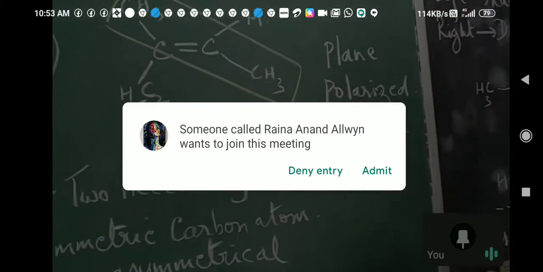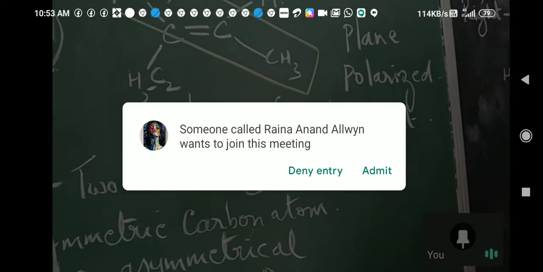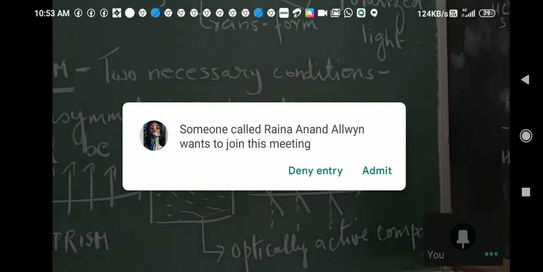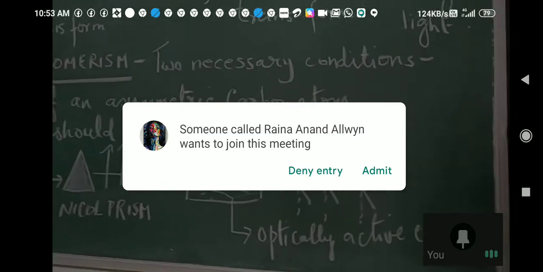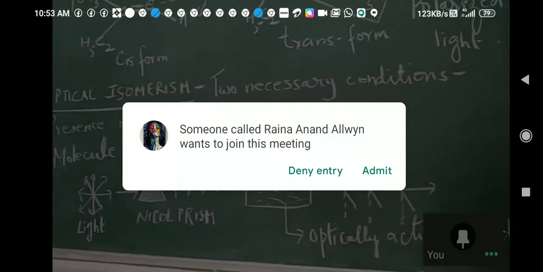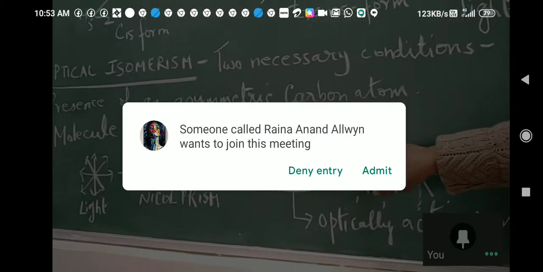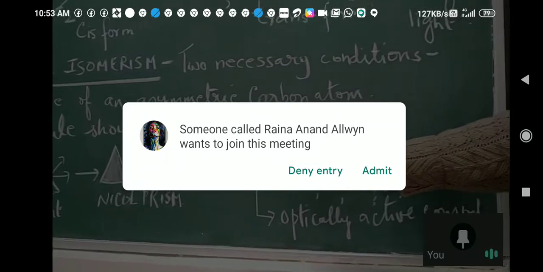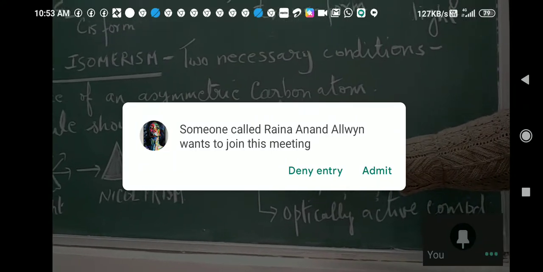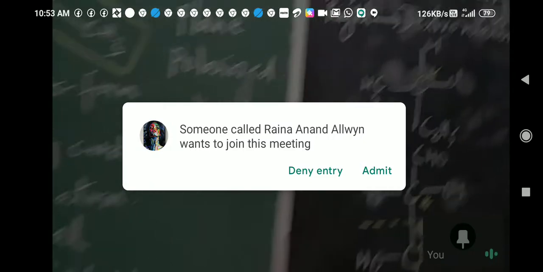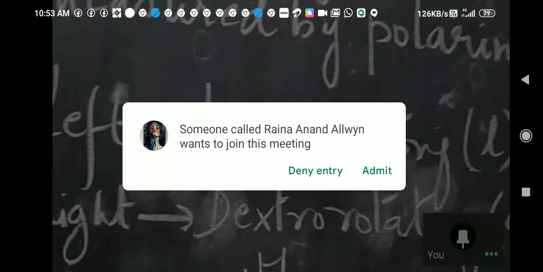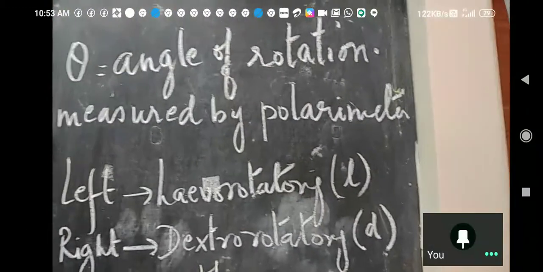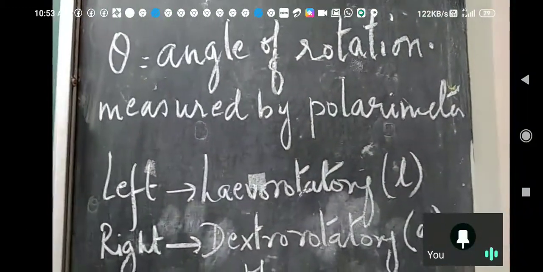This angle can be measured with the help of an instrument called a polarimeter. Theta is the angle of rotation measured by polarimeter.